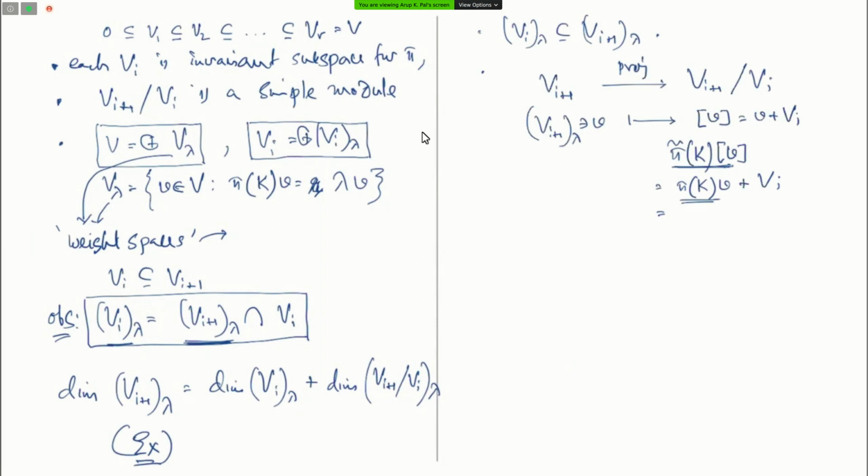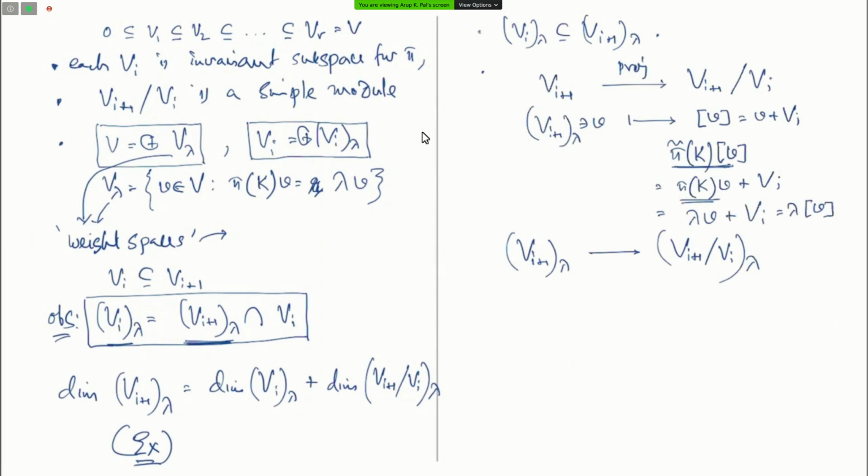So it is lambda v plus Vi, which is the same as lambda into v plus lambda into class of v. Right. So that means Vi plus 1 lambda gets mapped to v in the quotient space, the weight space corresponding to lambda.